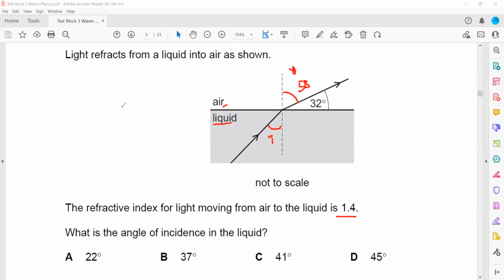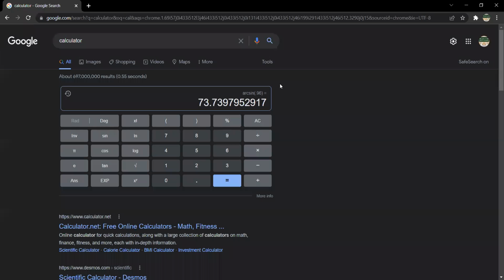Whenever light is moving from a denser to a rarer medium, the formula is refractive index equals sine R over sine I. The refractive index was given in the question as 1.4. The angle of refraction, from the figure we worked out, is 58, and the angle of incidence we don't know.